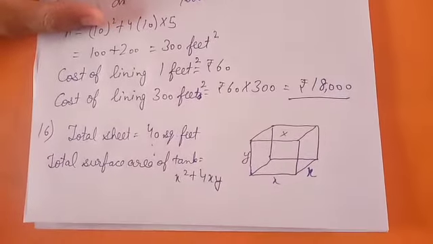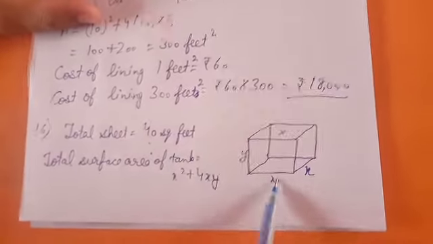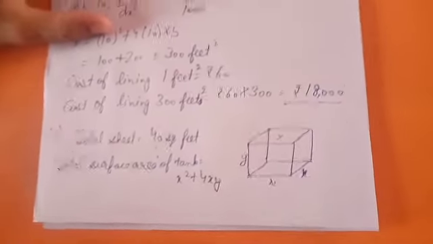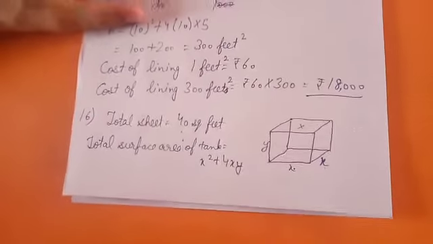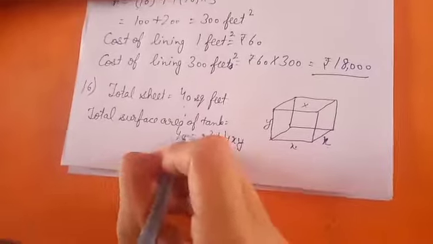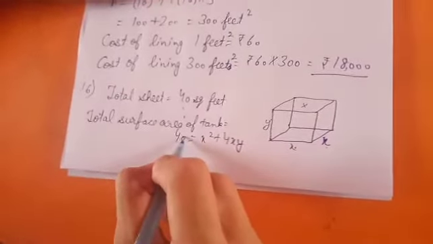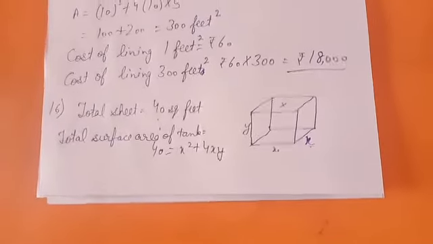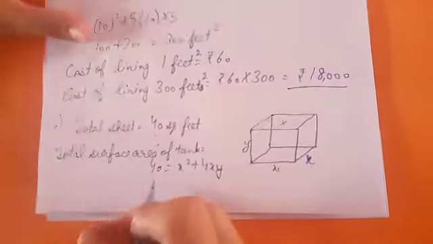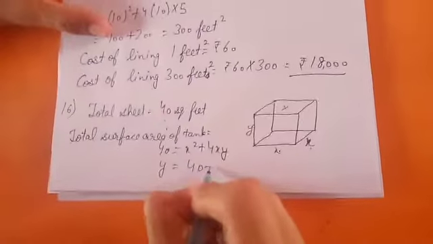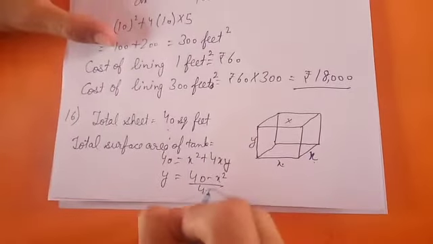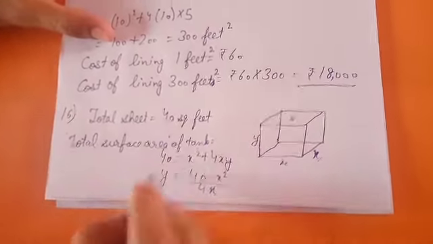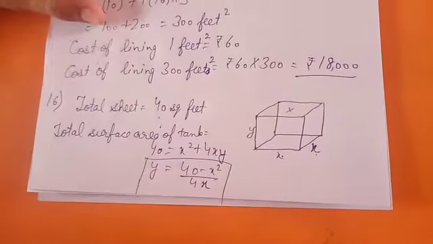It will be the same, because that also had a square base and no top, so it is equal to 40. Now from here I can find the value of y as 40 minus x square by 4x. This value will be required further in our question.